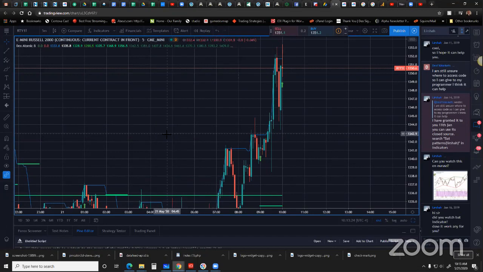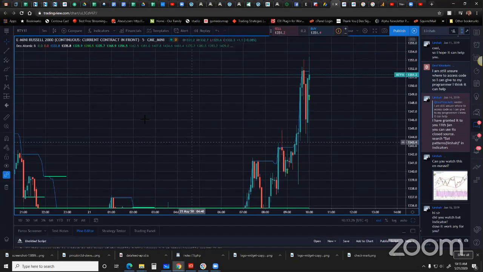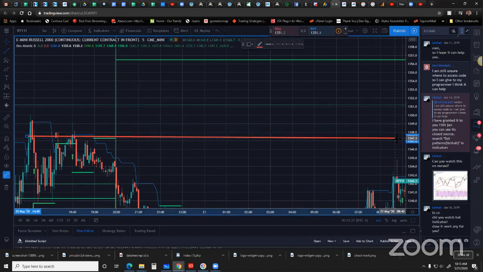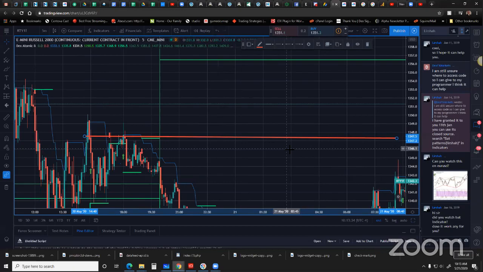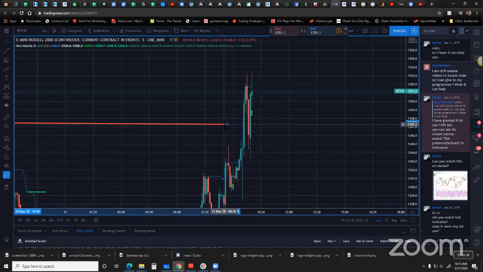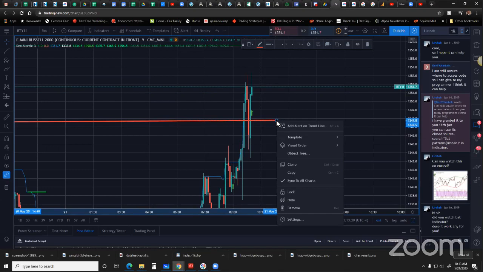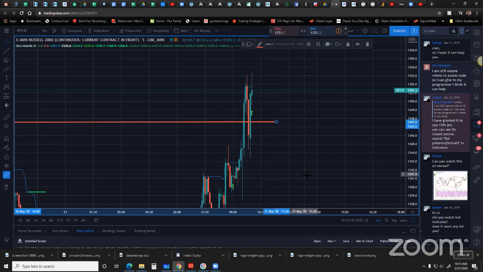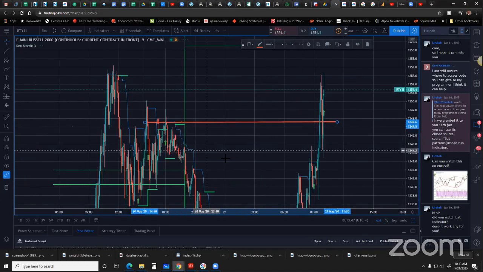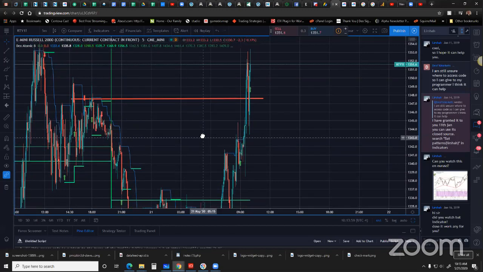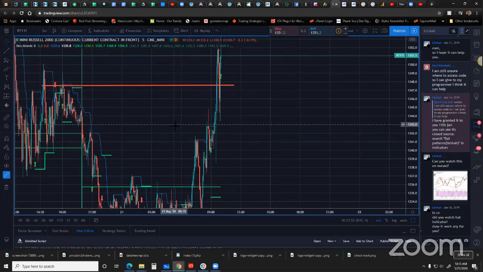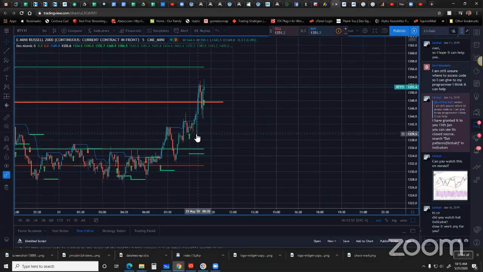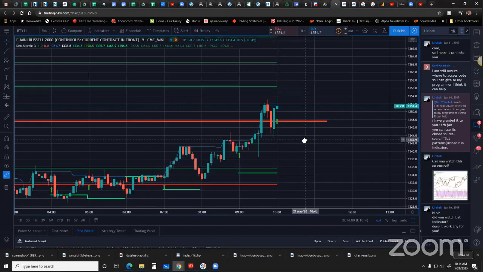There seems to be a lot of volatile stuff happening this morning anyway. So we're just grabbing levels, really strong levels. It's a little bit different than when we grab Forex levels. $13.47. There we go, that's much better.